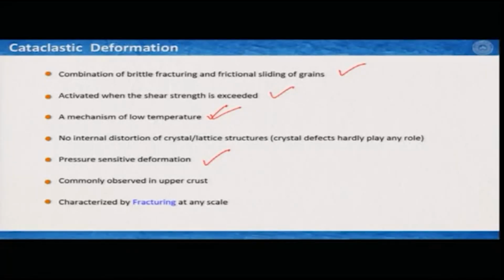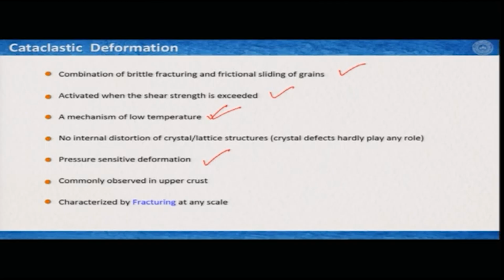The deformation is not that temperature sensitive, as I talked about in this point, that it is a mechanism of low temperature, but pressure does play a role, all sorts of pressures. You can think of the confining pressure, you can think of the pore fluid pressures. They do play a very important role in controlling the different processes of deformation mechanism under cataclastic deformation.